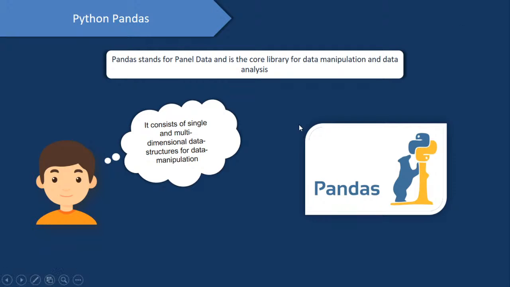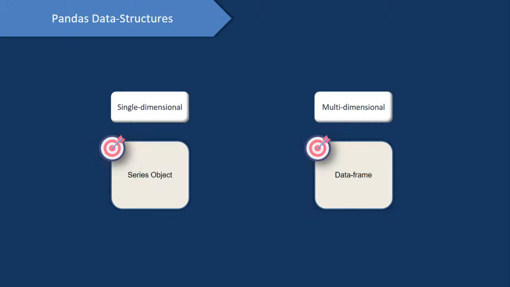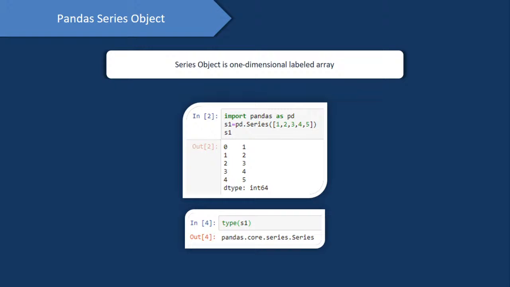As it is stated over here, pandas provides us single-dimensional and multi-dimensional data structures. The single-dimensional data structure is known as the series object, and the multi-dimensional data structure is known as the data frame. We'll start off with the single-dimensional labeled array, which is the series object.